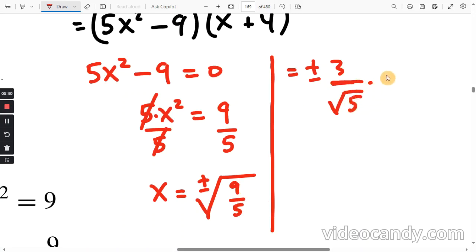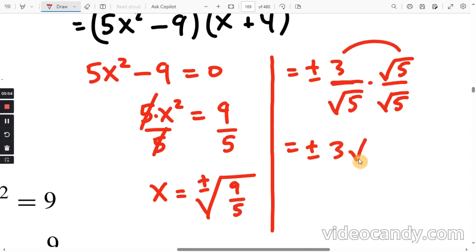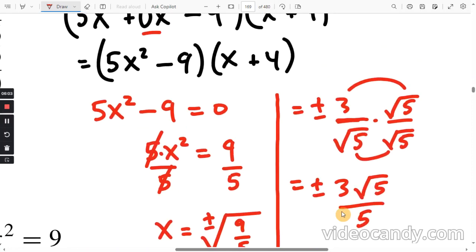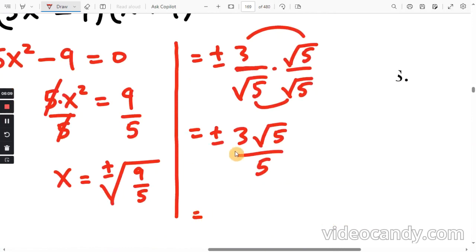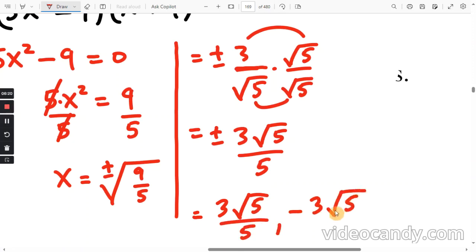You just multiply the top and bottom by that denominator. All right, so in the numerator, we still have plus minus. In the numerator, 3 times radical 5. And in the denominator, radical 5 times radical 5 is just 5. All right, so basically, it's positive 3 radical 5 over 5. And it's also negative 3 radical 5 over 5.